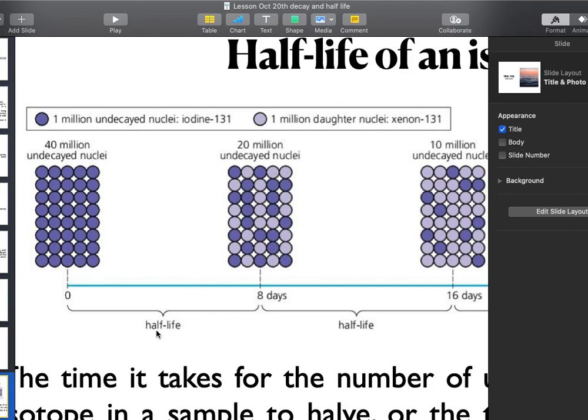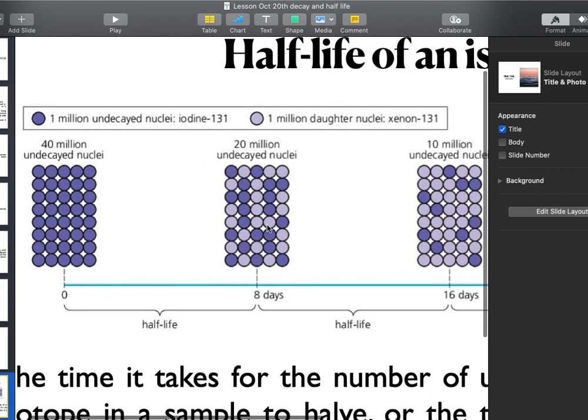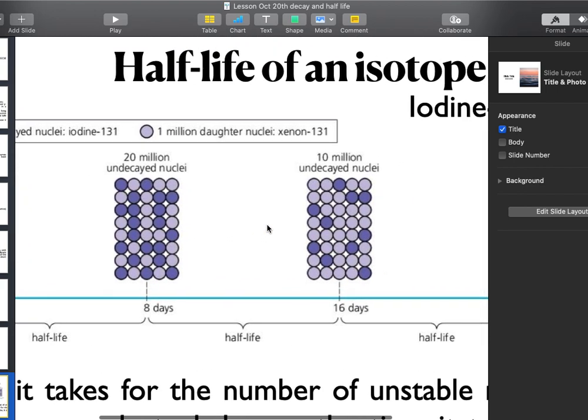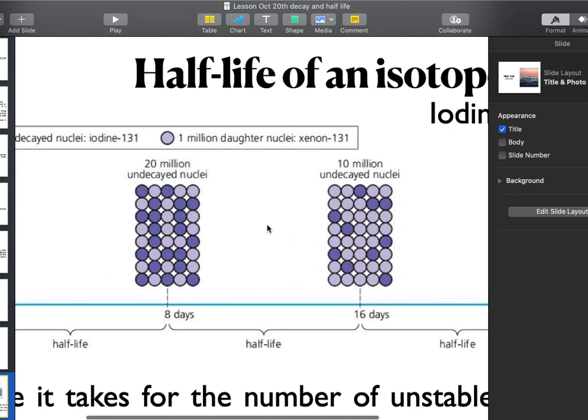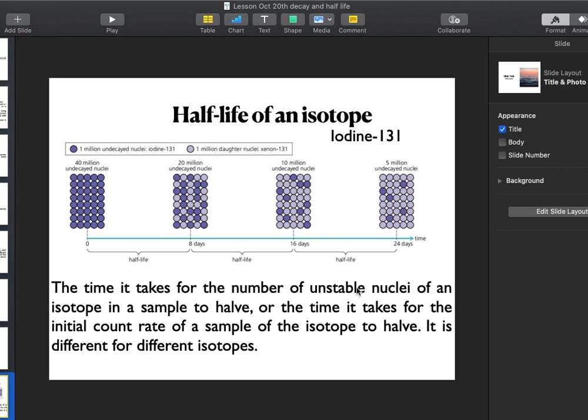For that reason we use the term half, because it's the middle, the half of 40 million. Simply put, in another 8 days, which means 16 days, we take the half of the 20 million at 8 days, so we get 10 million. In that order of ideas, we can now find a solution to a problem.